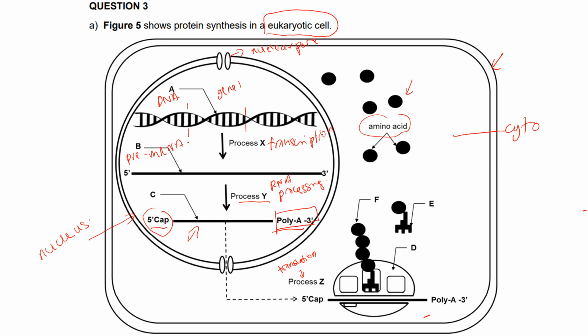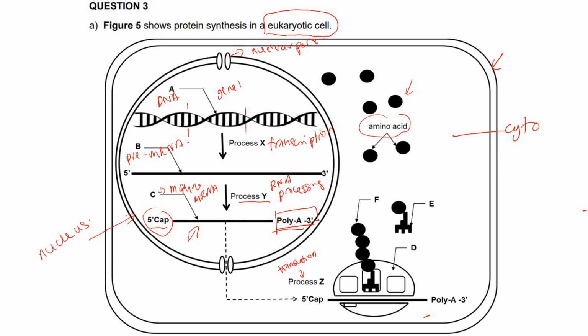After you have removed the introns, you join all the coding sequences, which are the exons, together. This produces a shorter mRNA molecule that consists of a continuous coding sequence. That's why, as you see in the diagram, after RNA processing the mRNA molecule is shorter. So C is a mature mRNA.